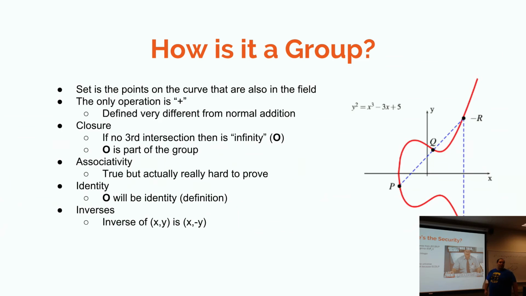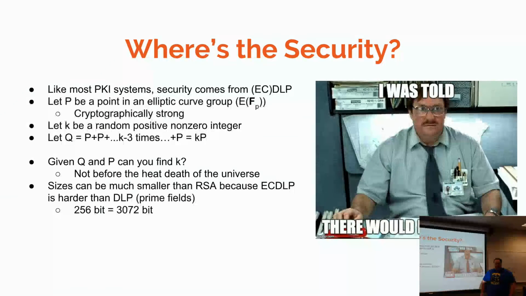Or you can zone out one layer more and say, if I have a point P on that curve, and I add P to itself K times, then I have KP. If I add P to itself 3 times, I have 3P. P plus P plus P is 3P. That's even easier. You don't have to think about it, right?